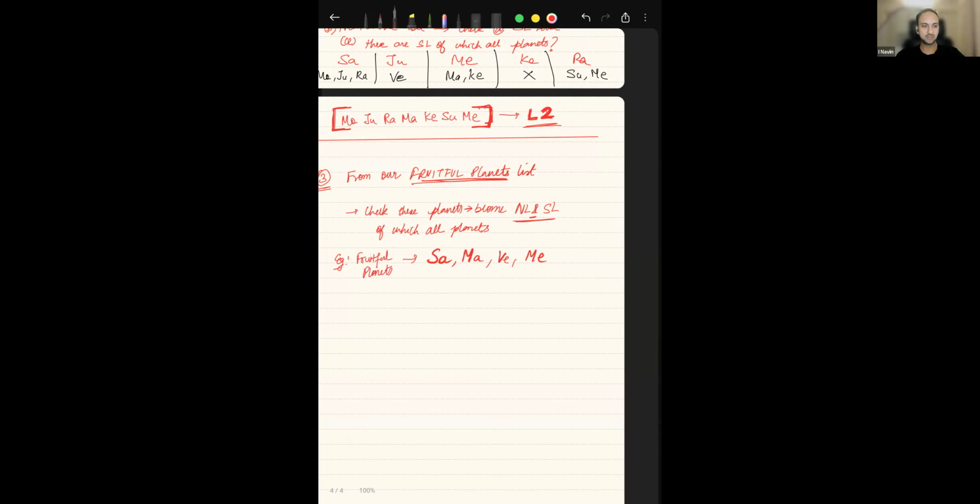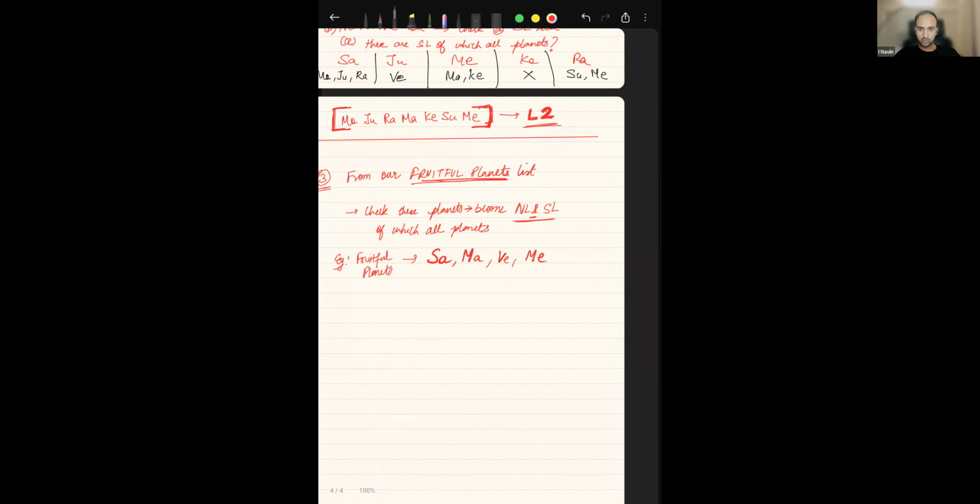Which is the first planet here on the table? Sun, right? Are you able to look at my table here? Laptop screen, please. Okay. So if you look at the table here, you have Sun. It says NL and SL is Rahu, right? Therefore, not.